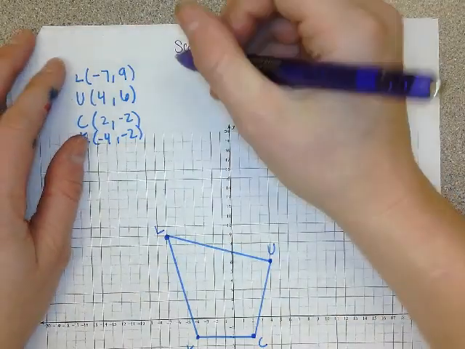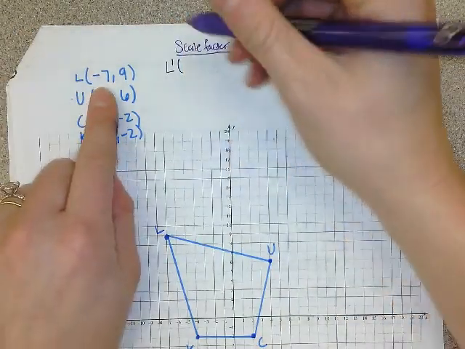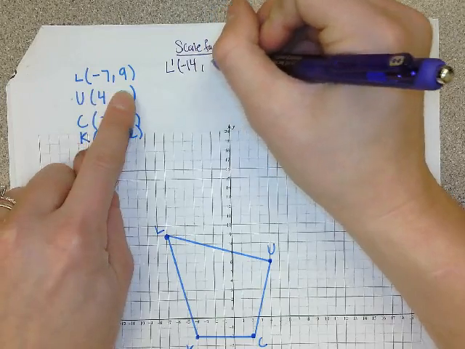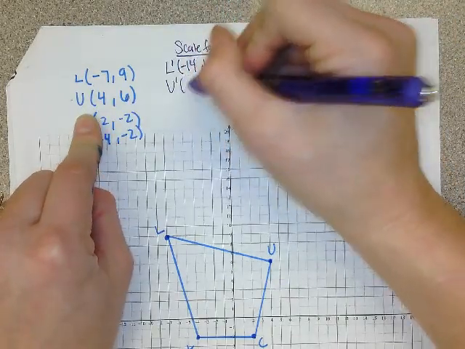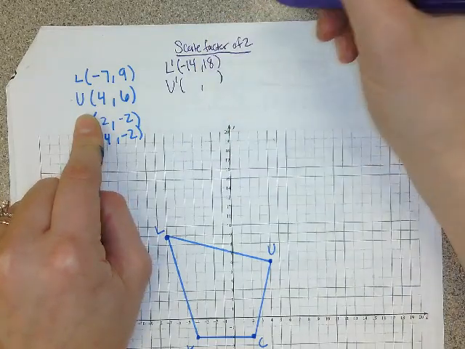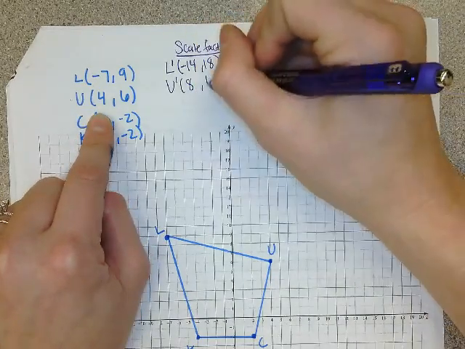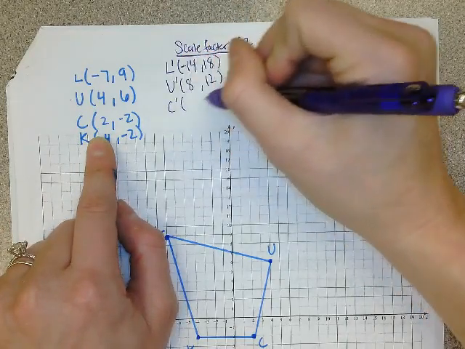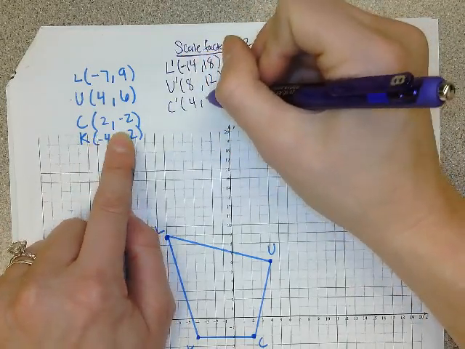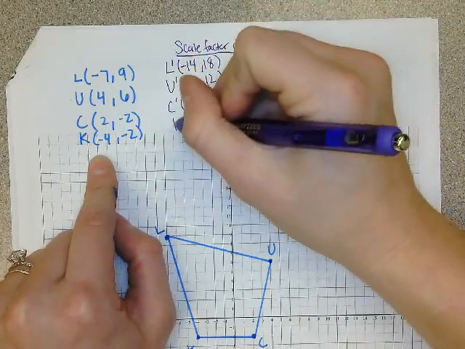Multiply everything by 2. So L prime will be negative 14, 18. U prime, what will U prime be? 8, 12. What will C prime be? 4, negative 4. Perfect. K prime?